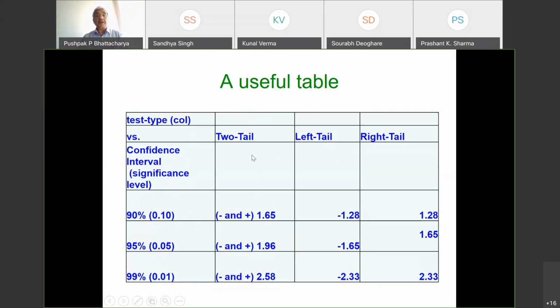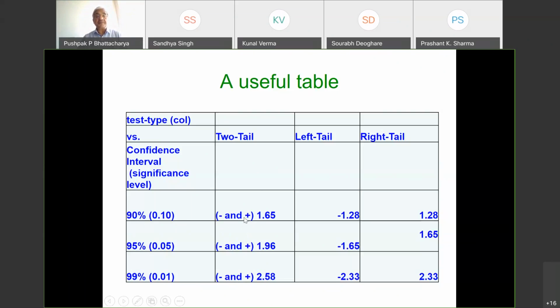Now, when we have a two-tailed test, the normal curve is symmetric, and this is a standard normal curve with zero mean and standard deviation 1. So a 90% confidence interval would give rise to an error region of area 0.10.